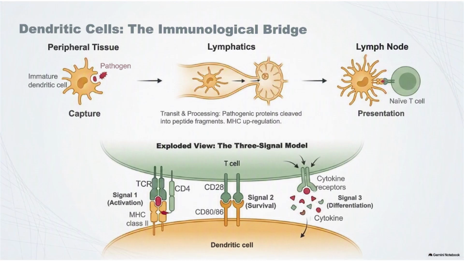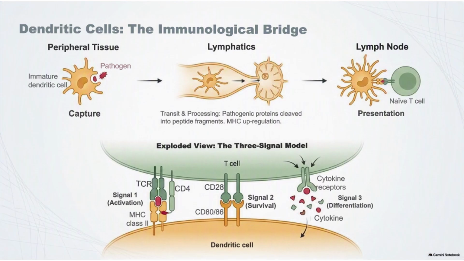When antigen capture occurs alongside signals indicating inflammation or danger, then the dendritic cell can increase co-stimulatory molecules, migrate towards a lymph node, and become more effective at activating naive T cells. So the success of an immune response doesn't necessarily or solely depend on whether an antigen is present.